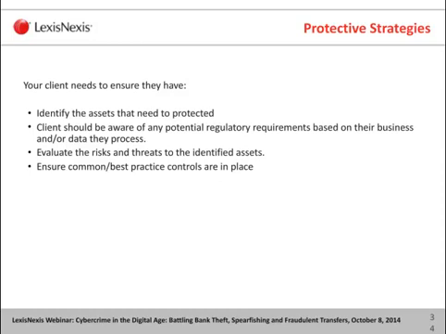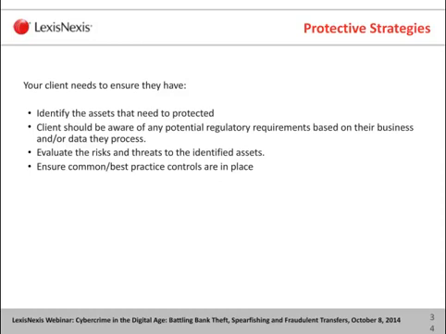And then evaluate the risks and threats that you may see. As Juliet said, if your widgets are important, you need to make sure that you have the right controls around them to make sure that they're only being sent out by authorized manners, whether it's funds or other controls. Make sure you understand those risks and threats. And then look for common, what I call best practice controls that are in place.